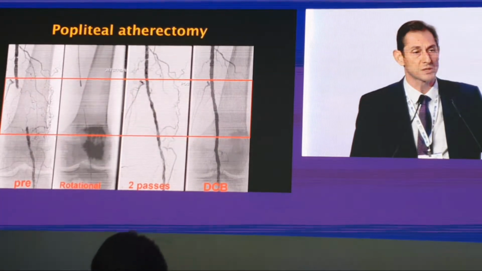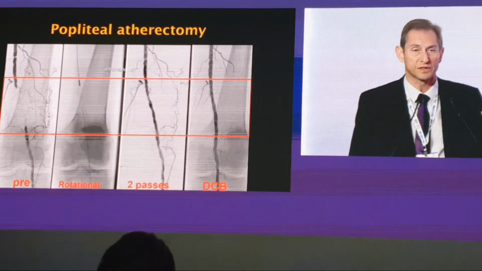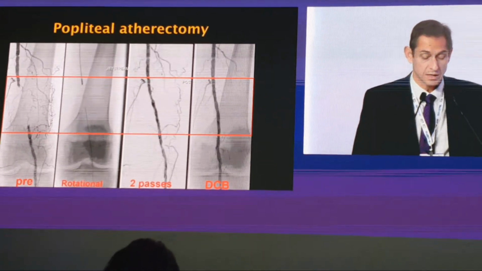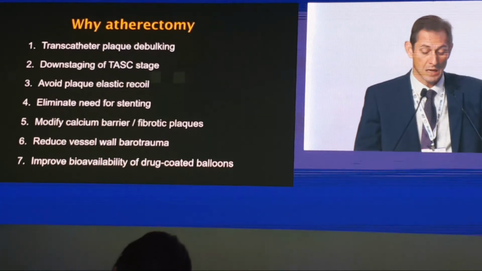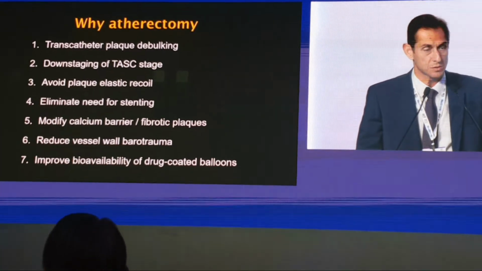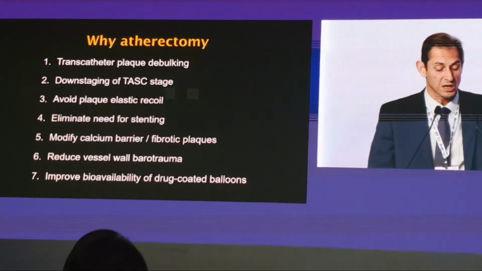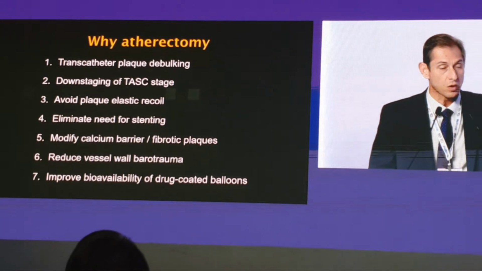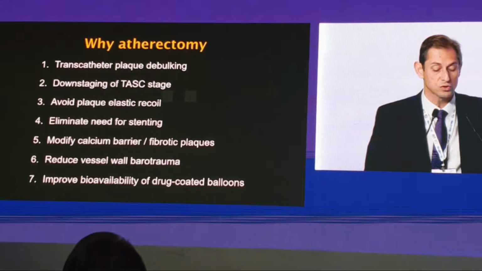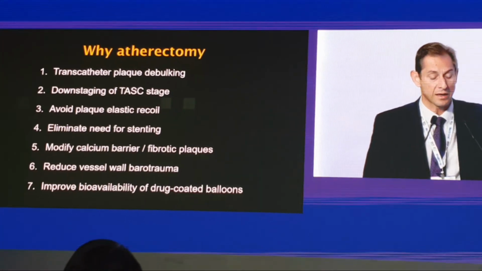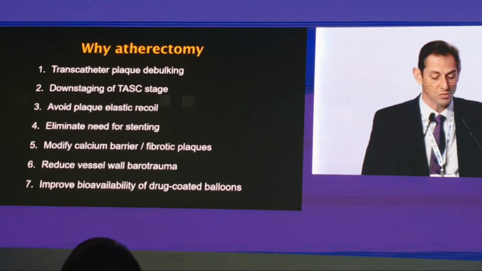You start with a complex lesion and you can downstage it. You can debulk it, you can convert it to something softer, easier to treat with less intimal trauma. The whole idea, and again a lot of that is speculation, but it seems to be applicable as we do more cases: downstaging the anatomy, avoiding the elastic recoil because a lot of the plaque is being removed, of course reducing if not eliminating the need for stenting, and perhaps modifying the calcium barrier and the fibrosis of the plaques and reducing the vessel wall barotrauma.